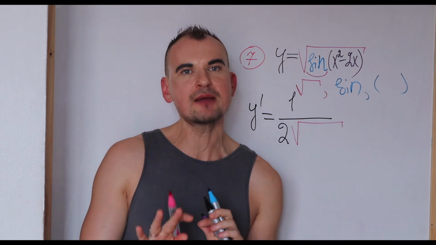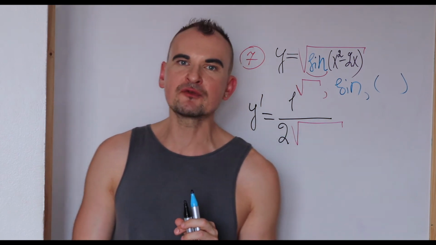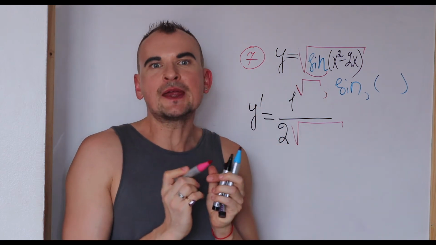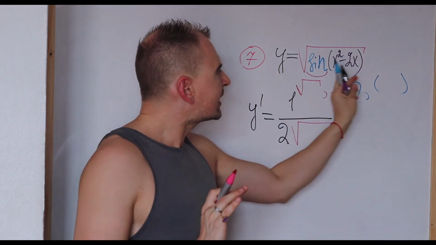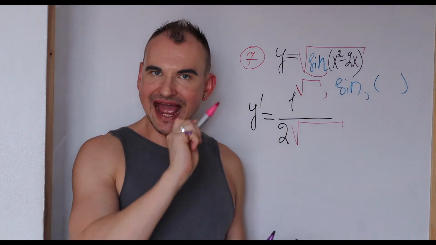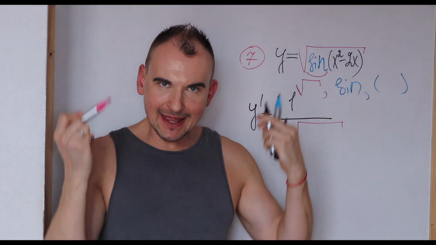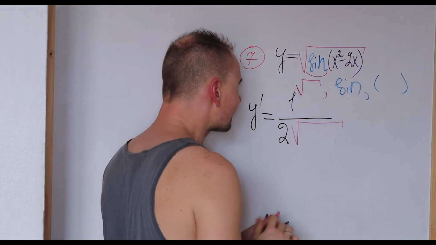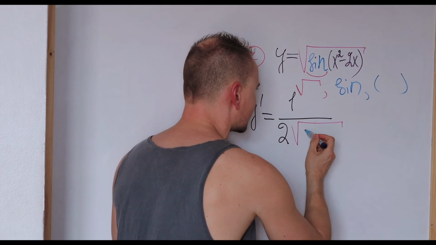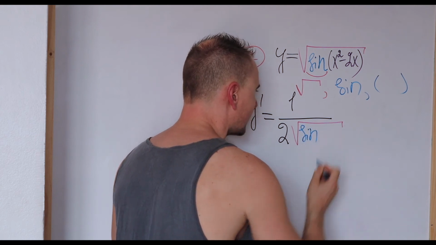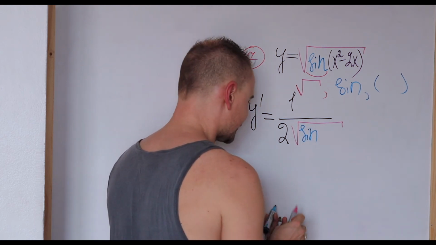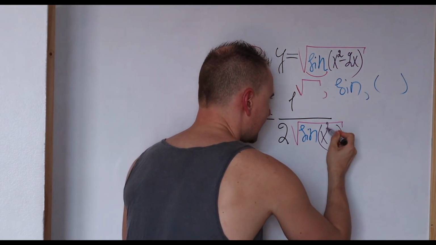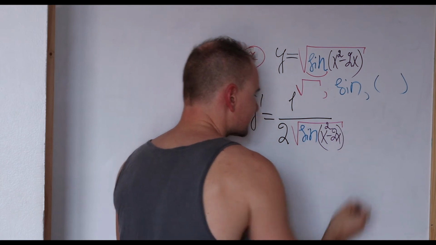If you don't remember this rule, that the derivative of square root is 1 over 2 square root of something, you could simply go ahead and rewrite square root as a half power, and by the power rule you would come up with something like this. Anyway, sine of x squared minus 2x goes inside of your square root form. So sine of this argument, so x squared minus 2x.